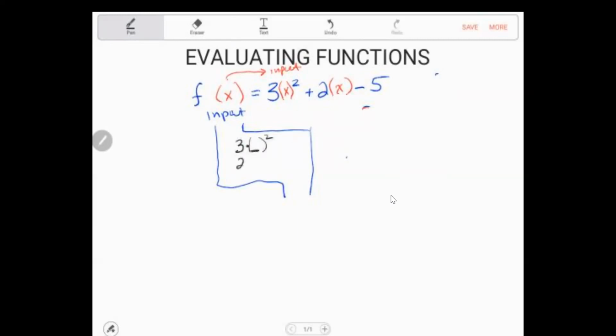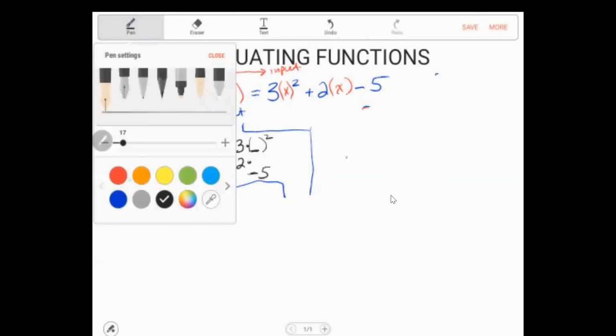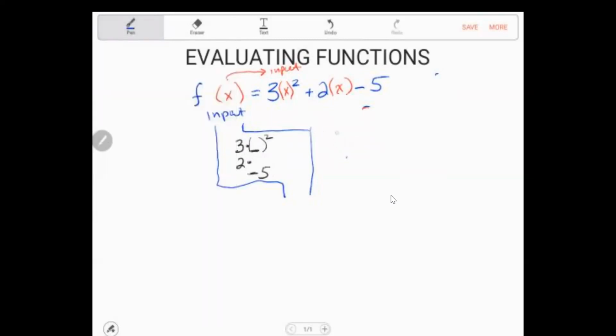And then we're also going to multiply it times 2. And we're also going to subtract 5. Let's try one of our values. Let's use 4, so f of 4.